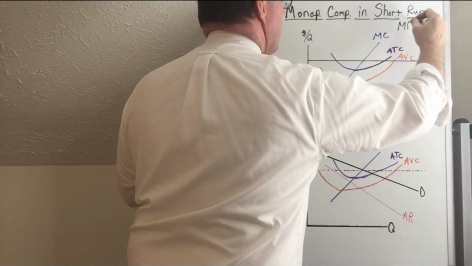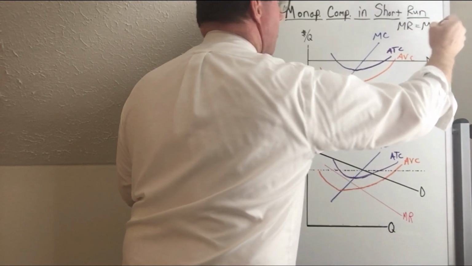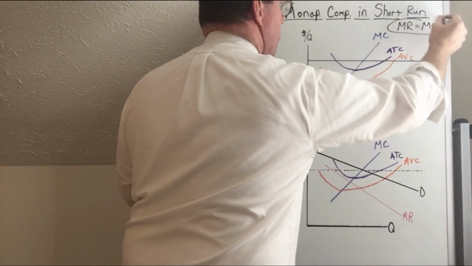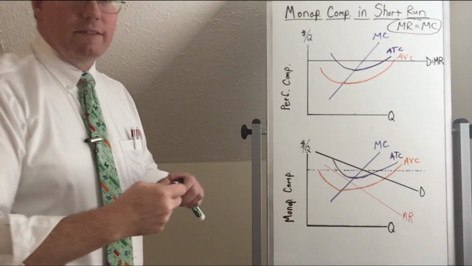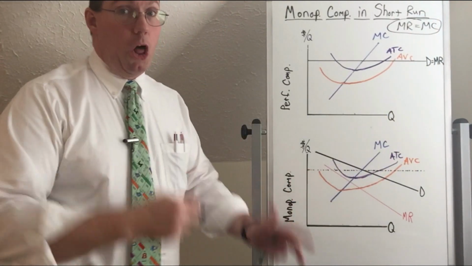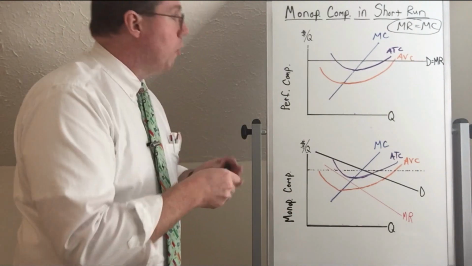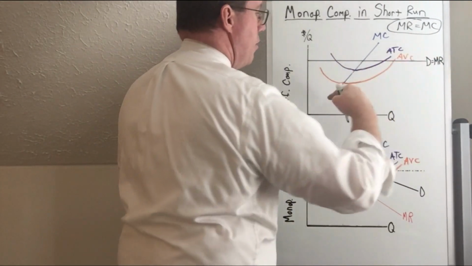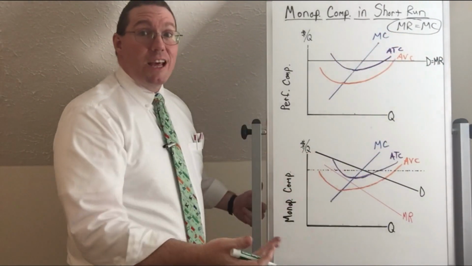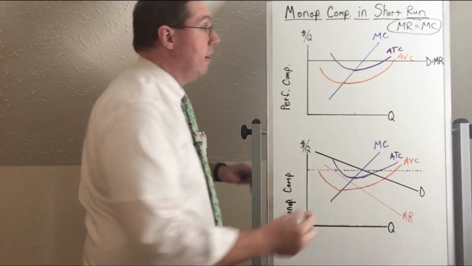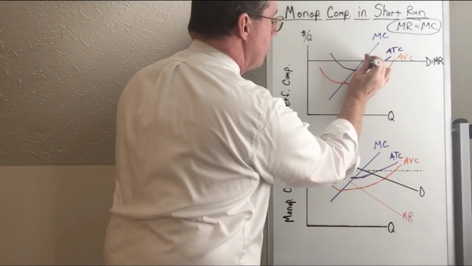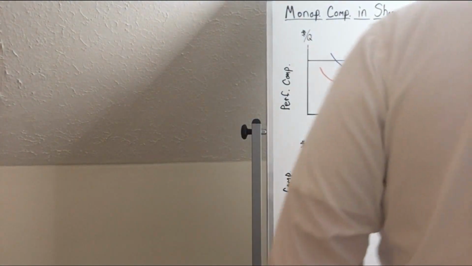Both of them still want to produce where marginal revenue is equal to marginal cost, because that's going to be their profit maximizing quantity. We learned that rule a long time ago, right? So here's marginal revenue and here's marginal cost. They are equal where they intersect. And so here's where they intersect right here. And so we're going to go from there. We're going to go vertically downward from there.